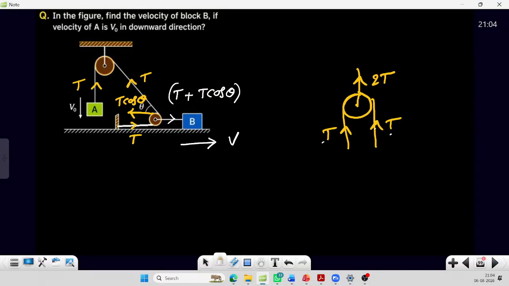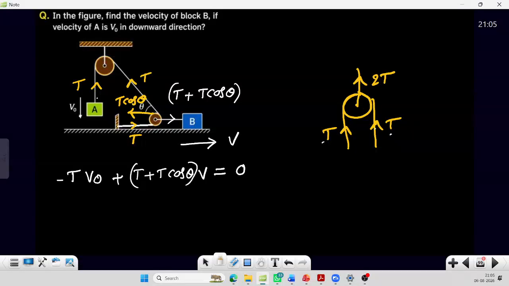Okay, now apply the same thing. Now between these two, like acceleration, we'll see the dot product with the velocities. Now tell me, T into v naught. These are in opposite directions, so minus, plus this tension T plus T cos theta into this velocity v equal to 0.